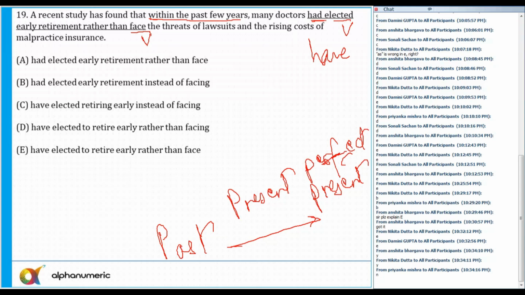The verbs are not parallel, and there's a problem with the verb tense also. It is something that is happening for the past few years. When I say within the past few years, it means it is still happening. It is happening right now also, and it has happened for the past few years also, right? So I have to use present perfect. I'll have to use the word have and not had, which means A and B cannot be the answer.